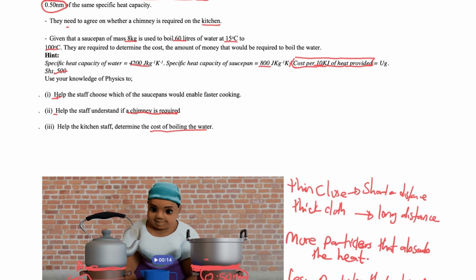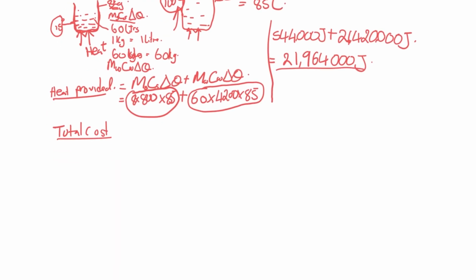Now we need to first find out how many kilojoules were provided. Our k is equivalent to 1000.